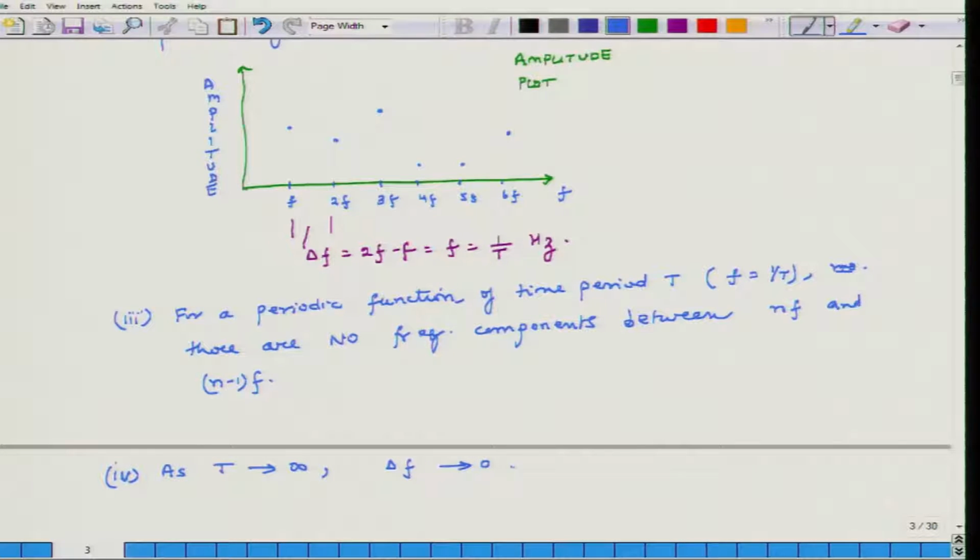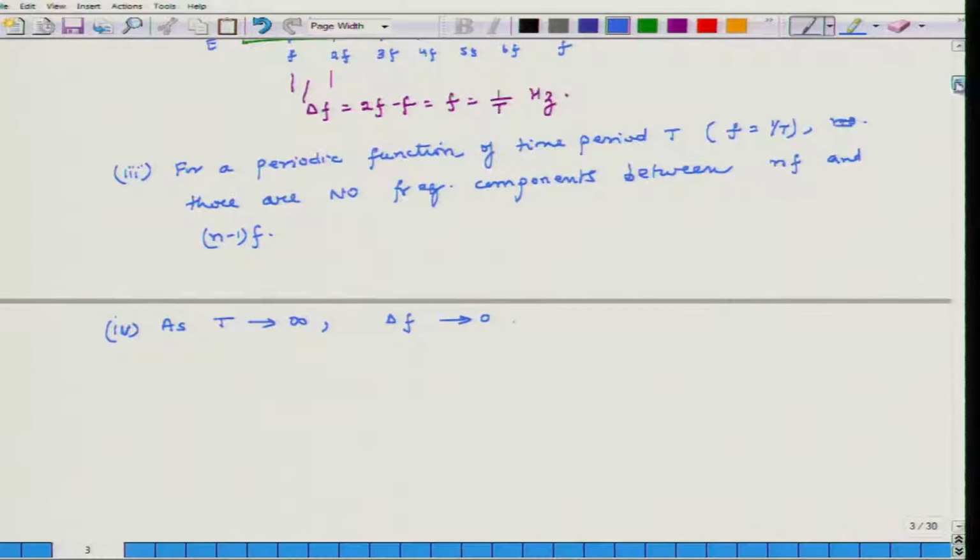So, what that means is that as time approaches infinity, this amplitude plot, delta f. So, what is delta f?